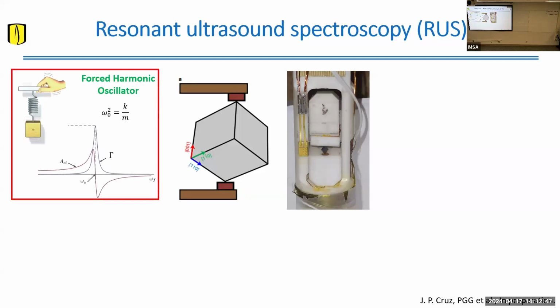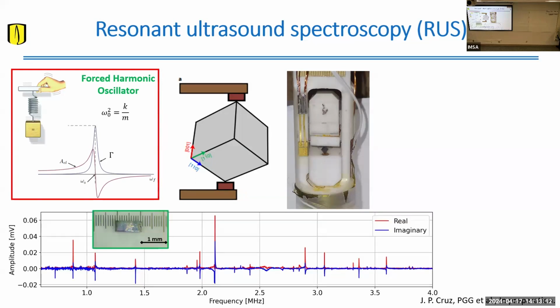But basically what we are doing is a resonance experiment. If you have a forced harmonic oscillator and you create a periodic perturbation, you have one resonance for the system, and that frequency of resonance is directly related to the constant of the spring. So we are basically doing that in a three-dimensional version here.